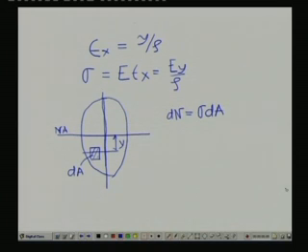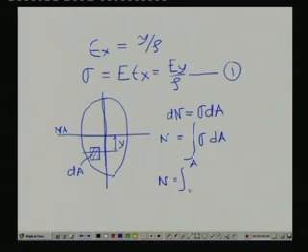Then the total normal force acting onto the entire cross section is sigma into dA integrated over the area A. Now, if we substitute the value of sigma from the earlier expression, expression 1, then N comes out to be equal to the integral over area of E by rho into y dA.